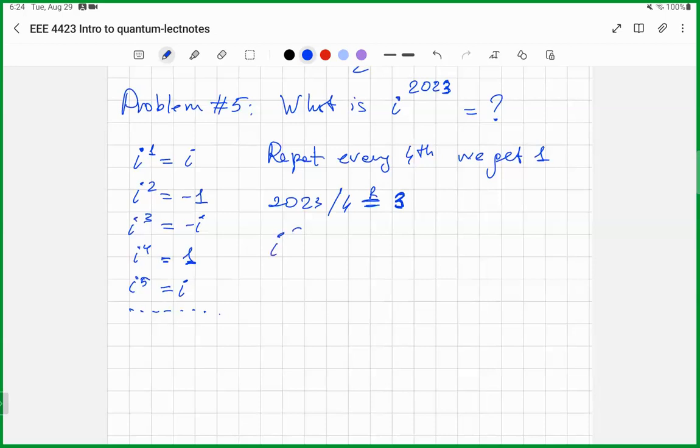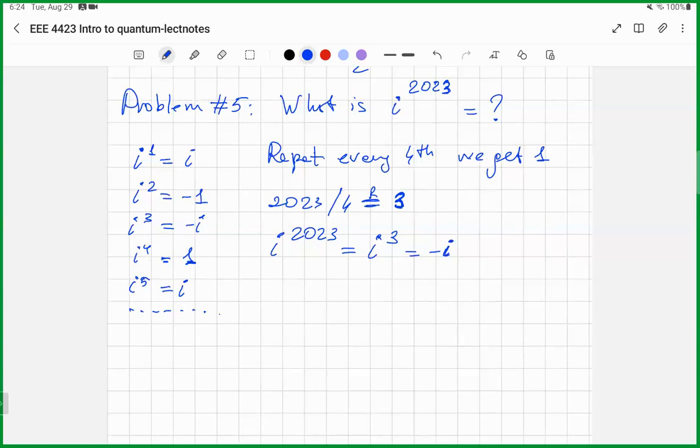So i to the power of 2023 is the same as i to the power of 3, and is equal to minus i. Yeah, so this is how we basically work with powers of complex numbers and the imaginary unit in particular.